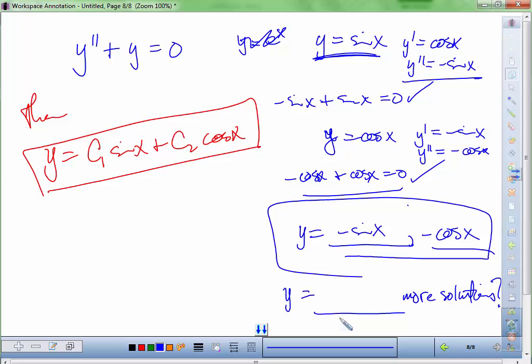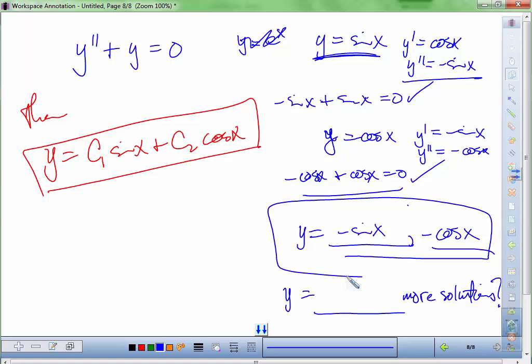For a second order differential equation, we would get a two-parameter family, etc. This is a second order differential equation, and we have a two-parameter family of solutions. So if we were to come up with some more solutions that are different from sines or cosines, then that would be a third parameter family of solutions. So that would be too much.